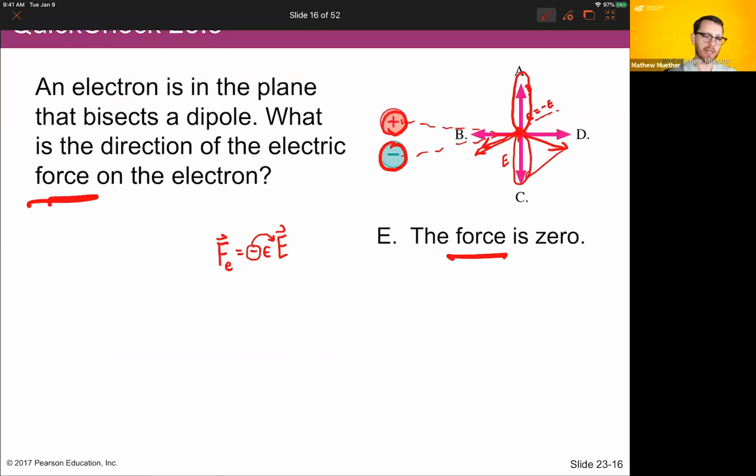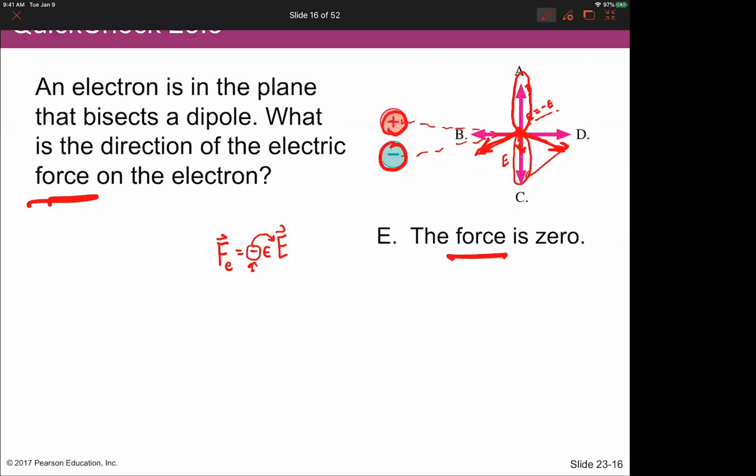So we found the electric field. The electric field from the positive charge points in this direction. The electric field from the negative charge points in this direction. So the total electric field points downwards coming from this dipole. And that means the force, if I put an electron right at the center of this, right at this position, then the force points against the electric field because there's a minus sign for the charge. Oh, okay, I get it now. Thank you. Yep.